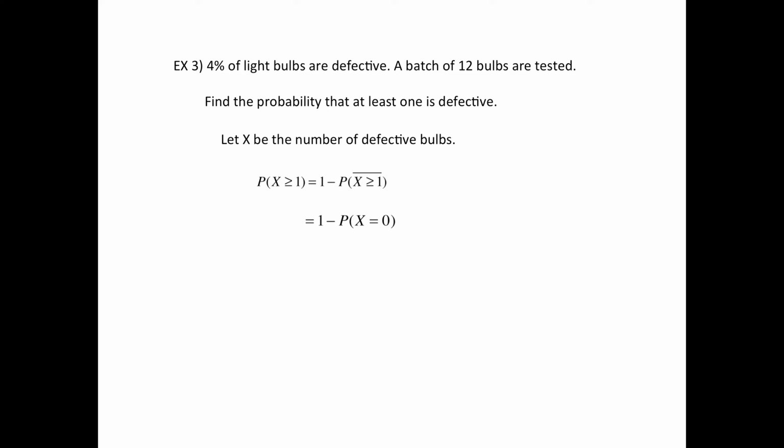Now x stands for defective. That means none of them are defective. So what's the chances none are defective? Well, if they're not defective, there's a 96% chance because there's a 4% chance of being defective. So there's a 96% chance of being not defective. Now, if I just left out the 96, that's only 1 that's not defective.